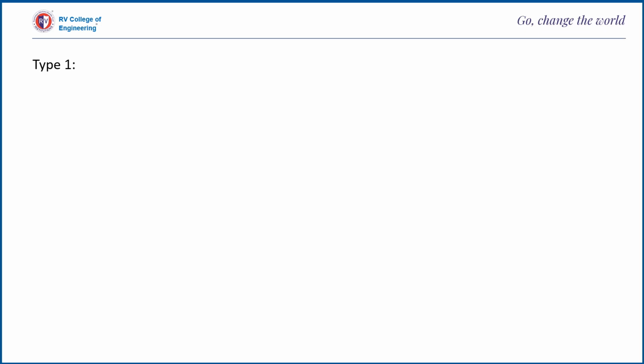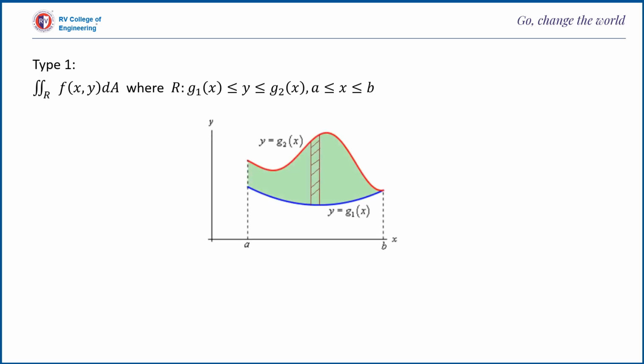So let us consider type 1, where we are going to integrate f of x comma y over the region R with respect to A, where region R is the region bounded between the curves g1 of x and g2 of x and the lines x equal to a and x equal to b as shown in the figure. We draw a vertical strip. Along this vertical strip, y varies from g1 of x to g2 of x.